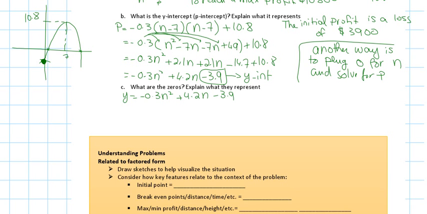So that's a whole number. Good. If I divide 3.9 by 0.3, that's also going to be a whole number, and it's going to be 13. So that means negative 0.3 is my common factor. So I'm going to divide everything by negative 0.3.